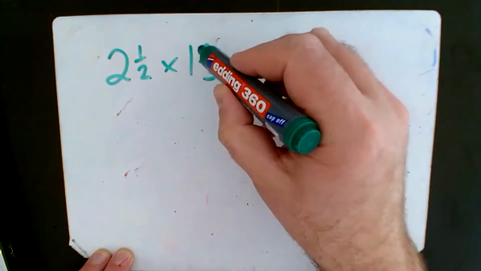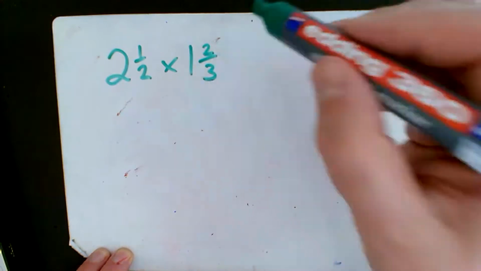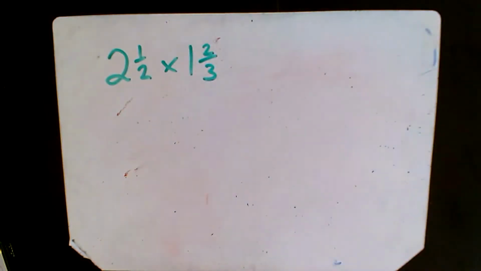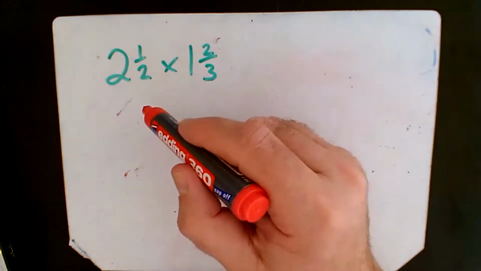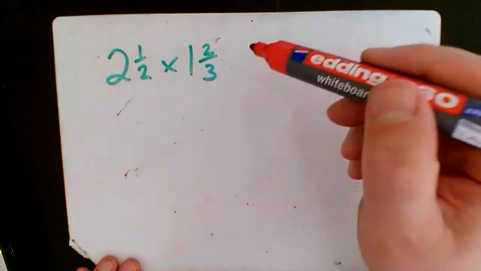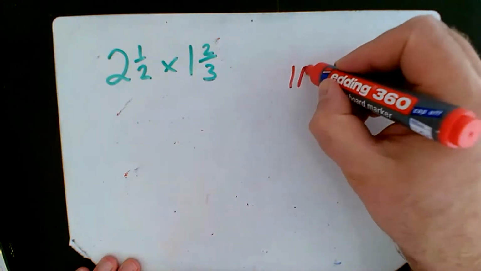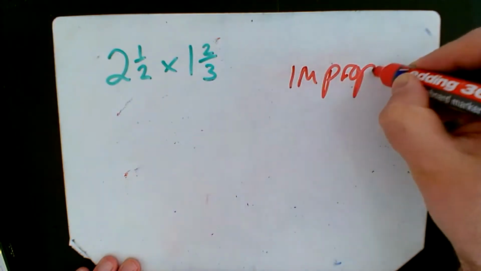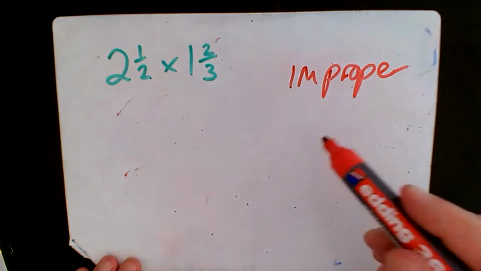I don't think that does. So exactly the same as when we were doing the subtraction ones earlier, the first step is to put them into improper fractions. Improper fractions first. That's our first step.